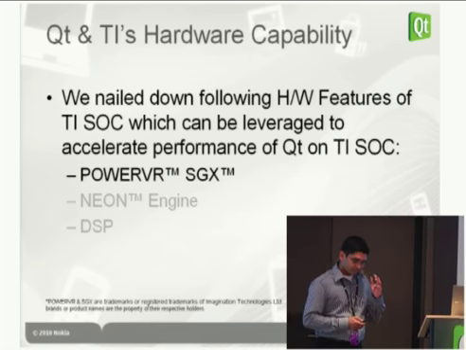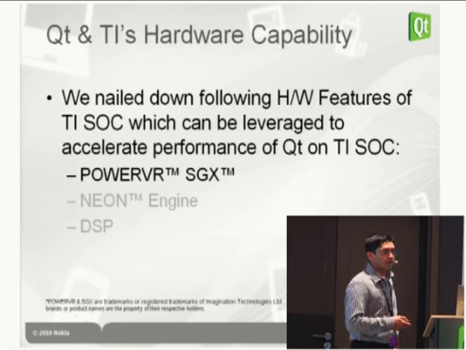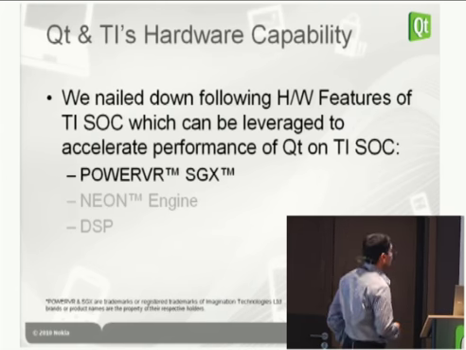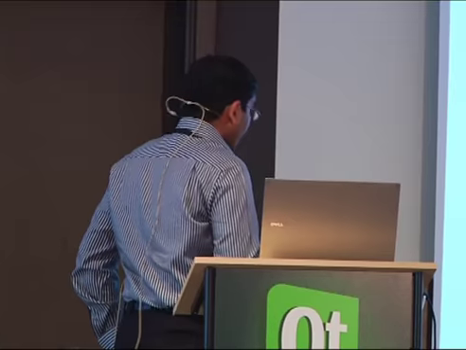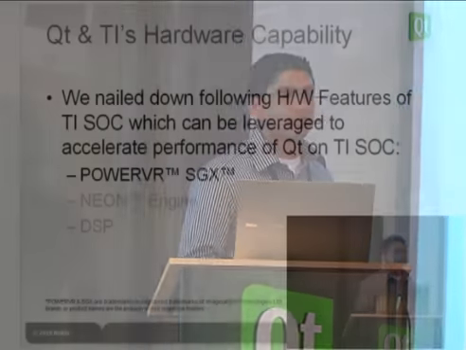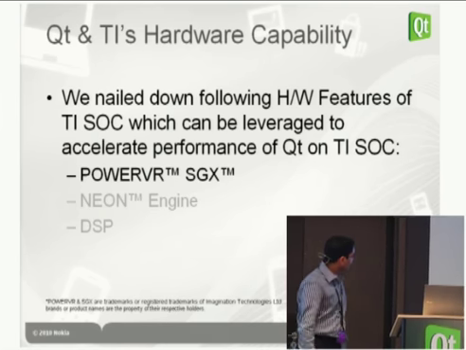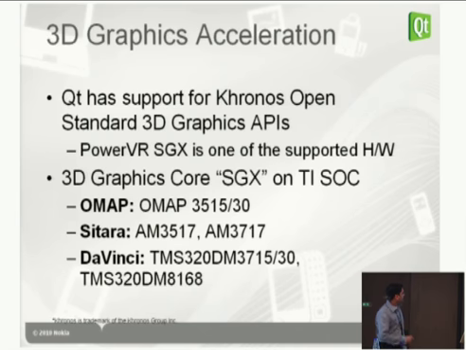And also, TI offers quite a few hardware features in the SoC. On studying the Qt architecture, we nailed down three important hardware features that could be leveraged to accelerate the performance of Qt. The first one is the PowerVR SGX.